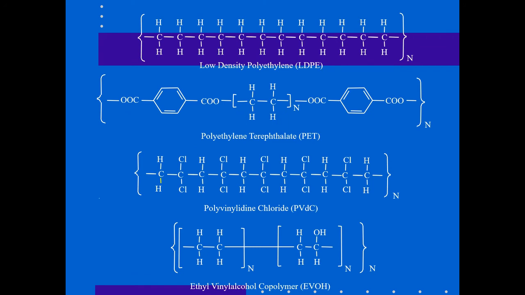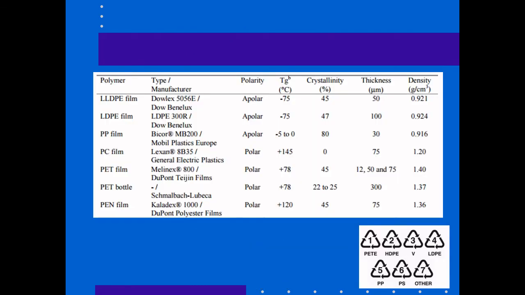Now these are the chemical structures of each of the packaging materials: LDPE, PET, PVDC, and EVOH. If you look underneath or behind food packaging materials, you will see these numbers in a triangle, and each of these represents the material of the food packaging.